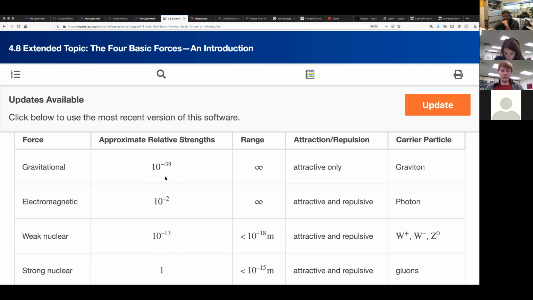And we can tell that it's an extremely weak force because the amount of force that the Earth pulls on us with is not really that much, and yet the mass of the Earth is humongous. You'd think that if gravity has something to do with mass, then with this huge Earth we'd feel a lot more force, but it's not that much force.